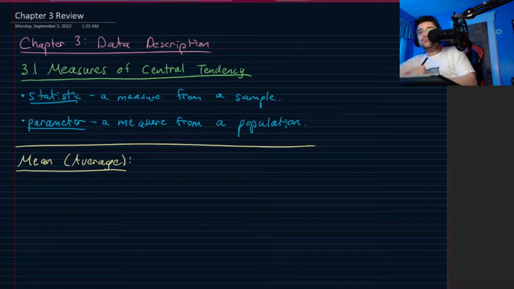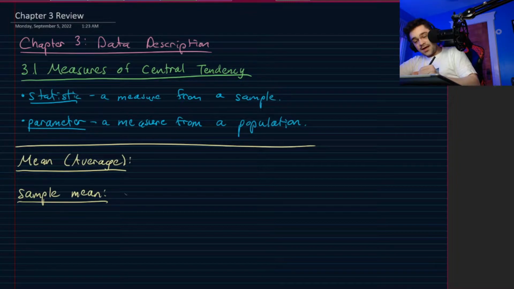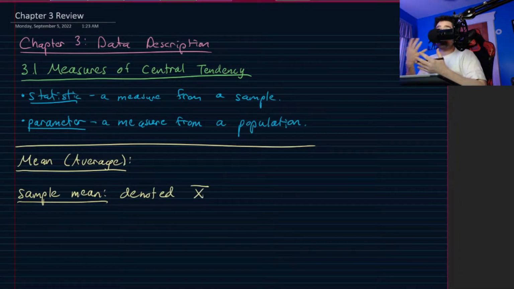Okay, so if it's a sample mean, this is denoted x bar. That's how this is pronounced. It's x with a line over it. It's called x bar.